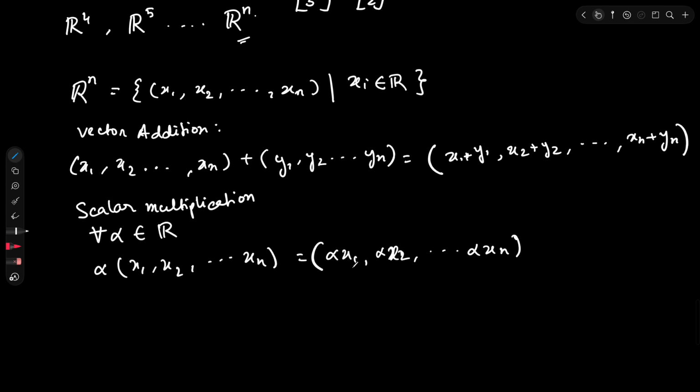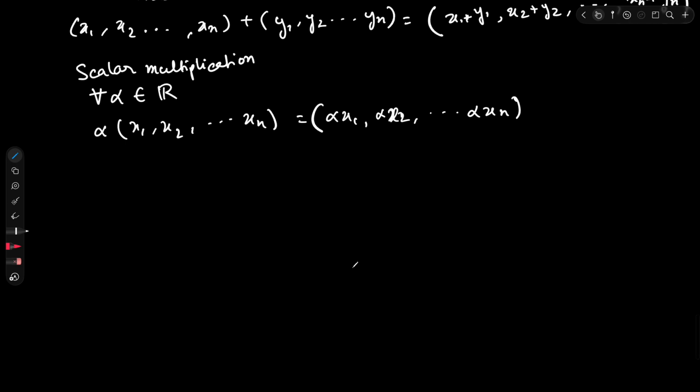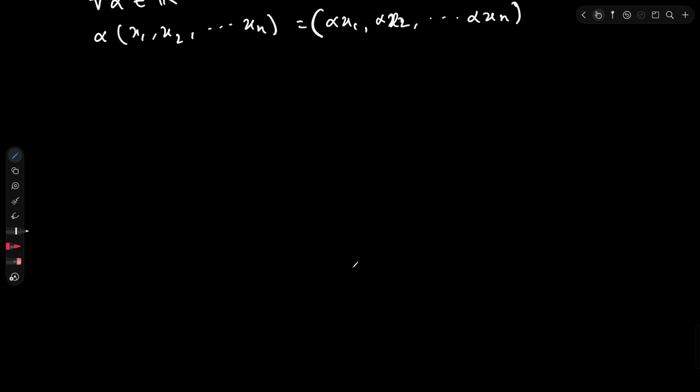So we are actually scaling the vector by a factor alpha. And we can actually verify other axioms also.